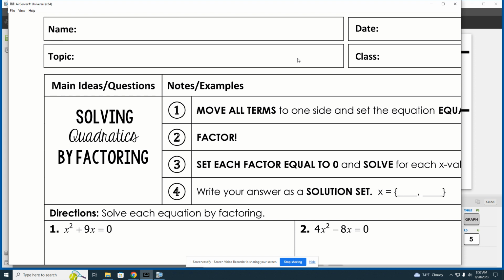Okay. So today, like I said, we're solving by factoring. So are we really doing anything today that's going to be hard? No. Yes. If you understood factoring, it's not hard at all. There are 3 different methods, really.